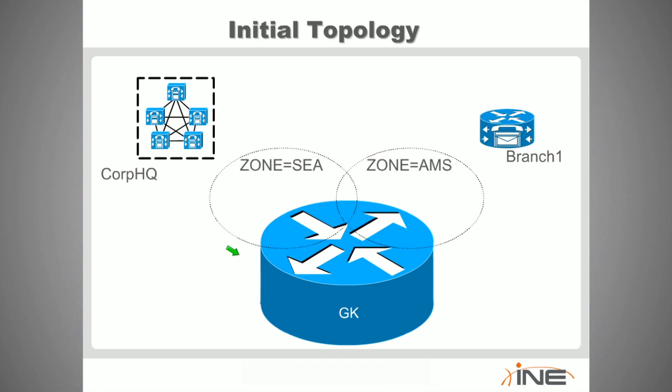Then we've also got something called Gatekeeper as our 4th endpoint or type, and then we've got a 5th type called a proxy, the H323 MCM proxy.